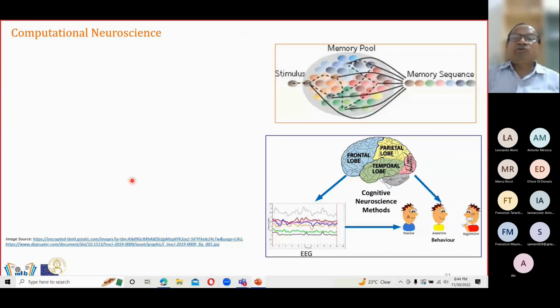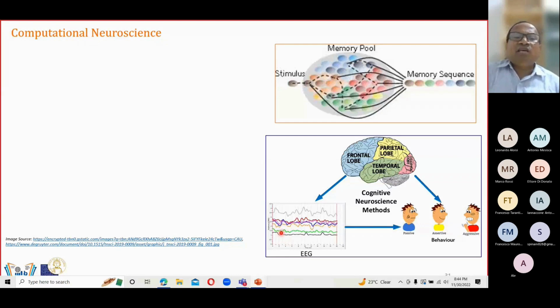What is computational neuroscience? Look at the diagram at the bottom. I was explaining the structure of the brain, where you look at the diagram carefully: frontal lobe, temporal lobe, parietal lobe, occipital lobe. All these are the different parts, different areas in the brain. And the cognitive neuroscience can capture the data from any part in the form of EEG.